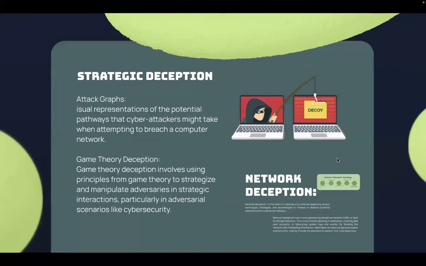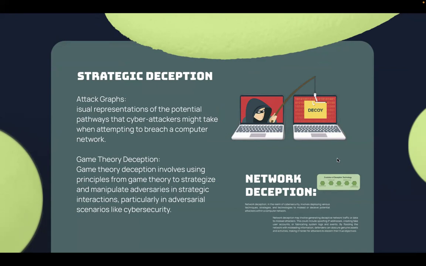Now we'll look at some of the deception techniques that are used. In cybersecurity research, there has been a lot of focus on using game theory for defensive deception. Researchers like Schlenker and Van have looked into how defenders can use deception to trick attackers, even if the attackers know about it.